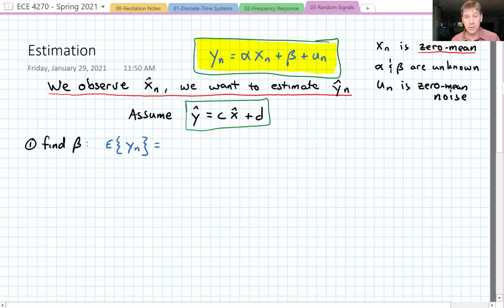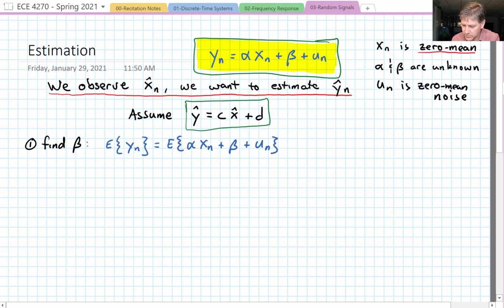I'll talk later about what we do if we don't have, say, the PDF given to us. This is going to be the expectation of alpha x of n plus beta plus our noise.